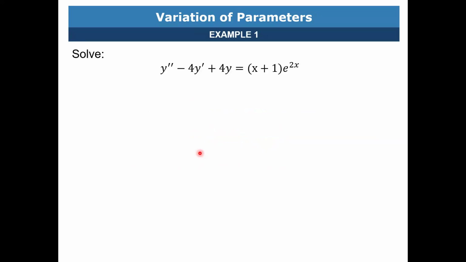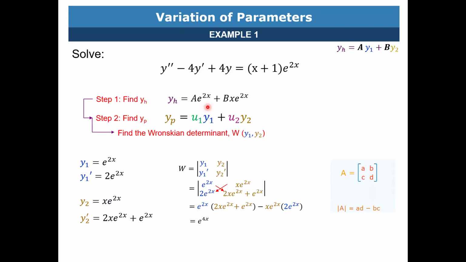Let's see an example first. Solve y double prime minus 4y prime plus 4y equal to (x plus 1) e to the 2x. The YH here is a e to the 2x plus bx e to the 2x. Now the second step, we have to find yp. The equation for yp is u1 y1 plus u2 y2.